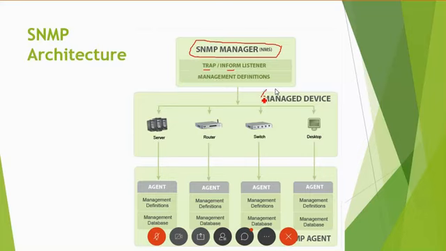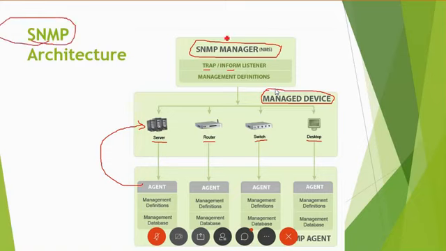It can know what is happening on the managed device, and it also has a facility to configure some of these components. It can set some parameters on the server, on the router, on the switch, maybe on the desktop, Wi-Fi, etc. Remember, all these we call SNMP agents.